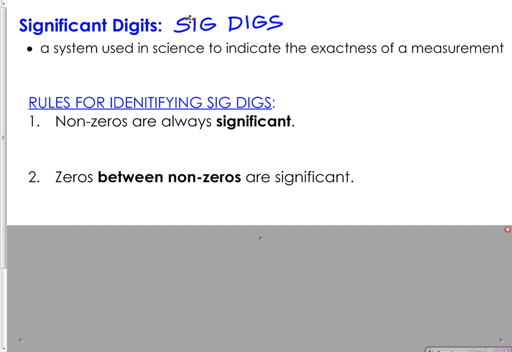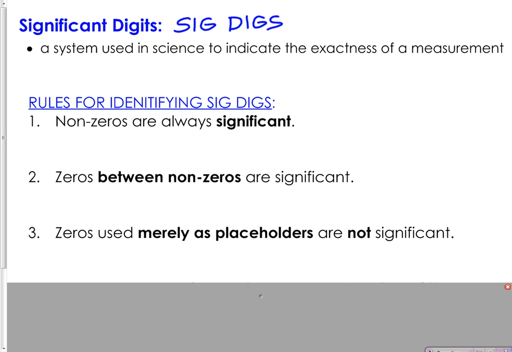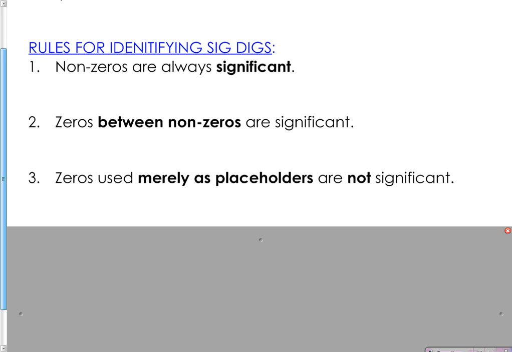The third rule says that zeros that are used just as placeholders are not significant. This is an example of when we have a leading decimal. I'll show you what I mean. If we use the number 0.002734, and let's say that's a gram again.